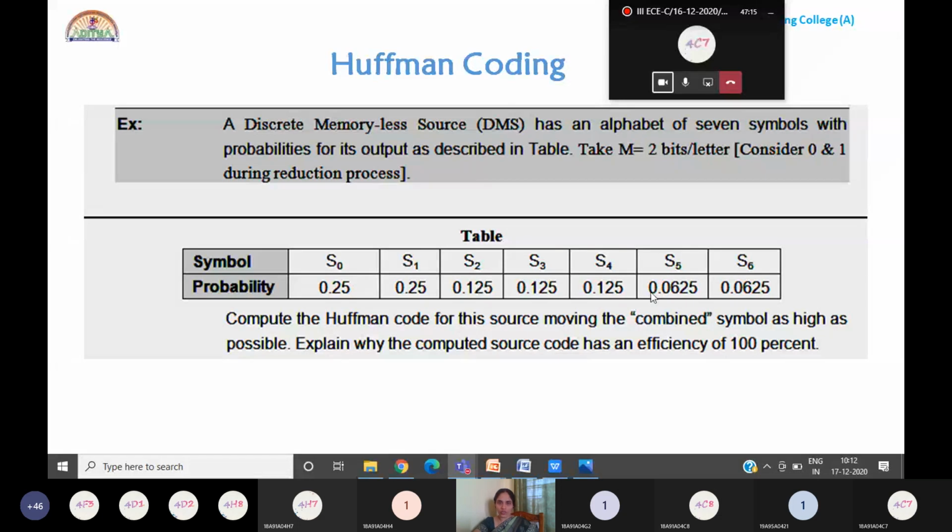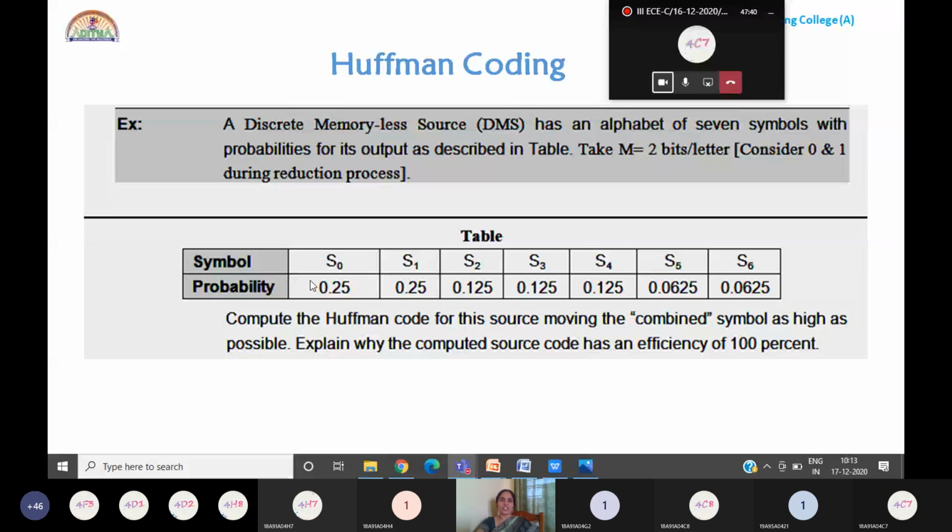If you add these four values, you will get 0.5 and S0, S1 gives you 0.5. Total is 1. So whenever the question is given to you, please check that the sum of all the probabilities is 1, and the second point, which is common for Shannon-Fano and Huffman, see whether the probabilities are in the decreasing order or not.